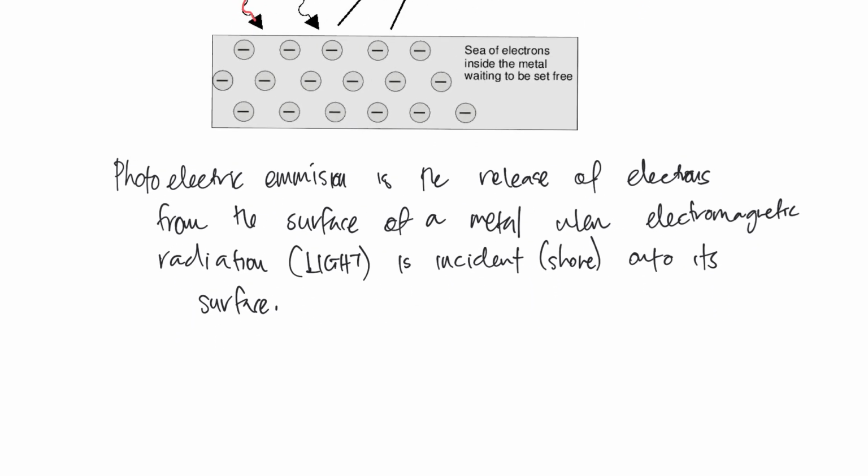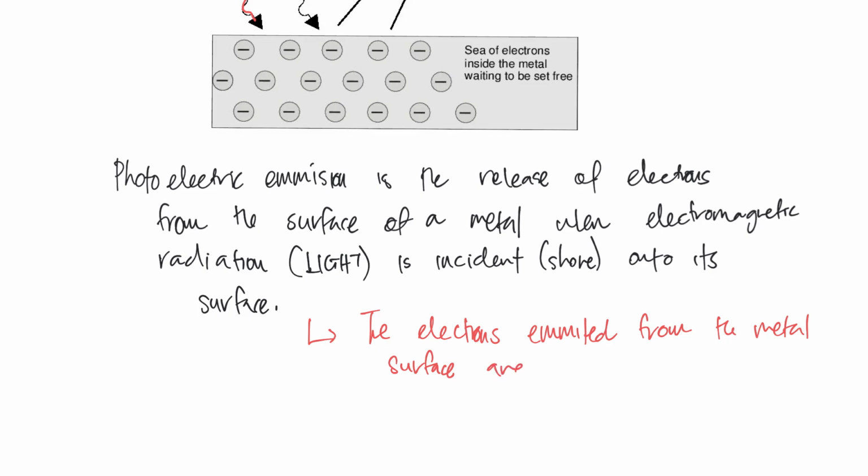Once that happens, we can say that the electrons emitted, use the right words, from the metal surface are called photoelectrons.